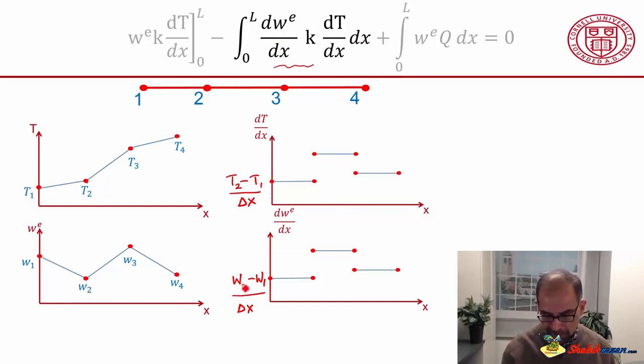So I have to multiply this by this, and W1 is going to multiply T2. It's also going to multiply T1, so I'm going to get terms such as W1 T1 and W1 T2. Similarly for W2, as I've talked about before.